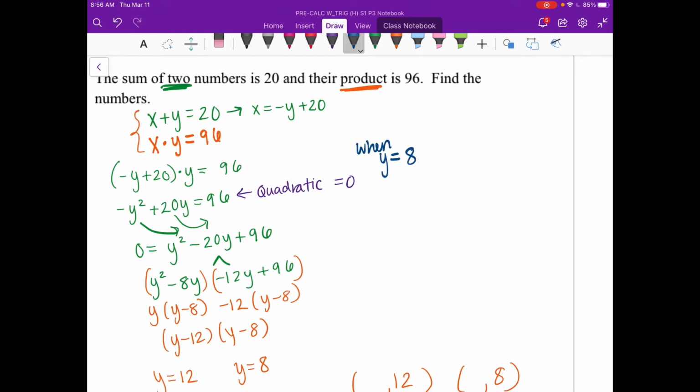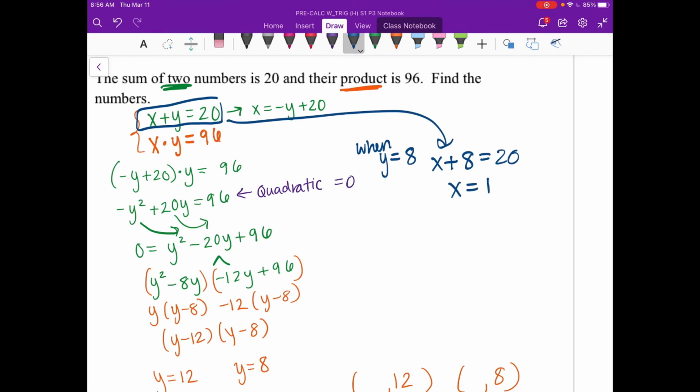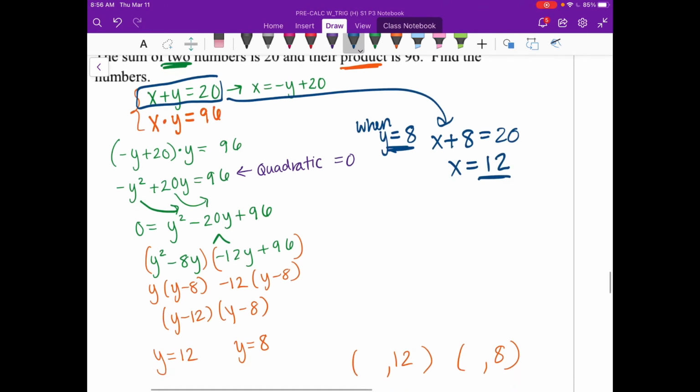Okay, so this is the one I'm using for this. So x plus y is 8 equals 20. Therefore, x equals 12. So when y equals 8, x equals 12. So the 12 goes here. Now, when y equals 12, I have x plus 12 equals 20, x equals 8. So when y equals 12, x equals 8.